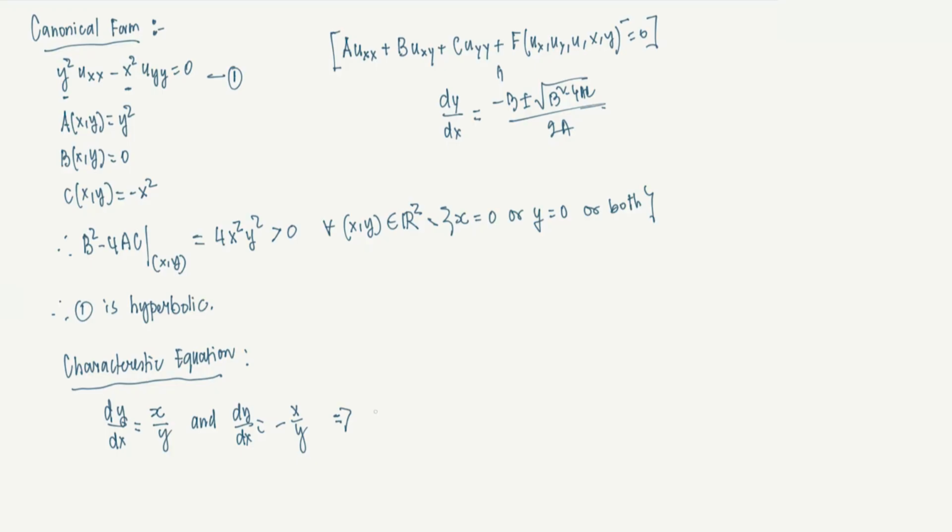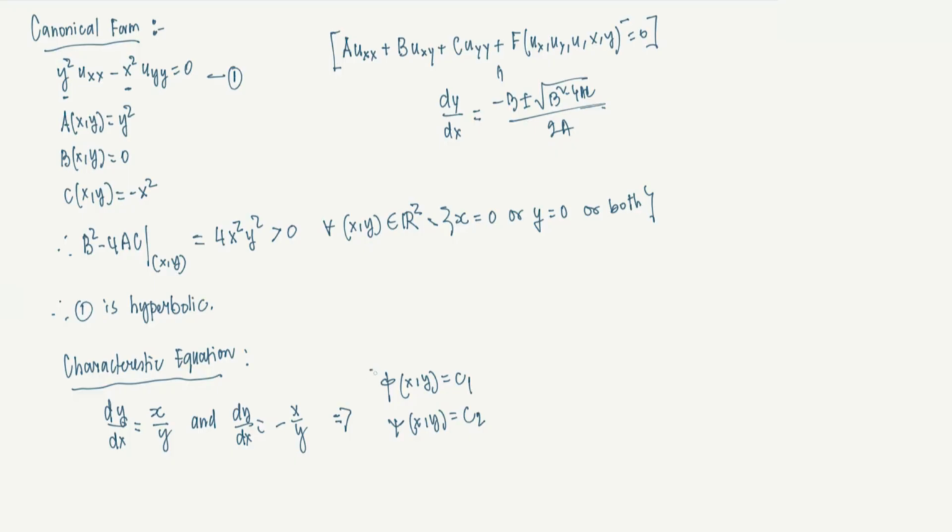You remember phi and psi we talked about. Here with our example, the solutions are phi of x,y equals to constant and psi of x,y equals to constant. Those are the two solutions we are getting, C1 and C2, let's say.